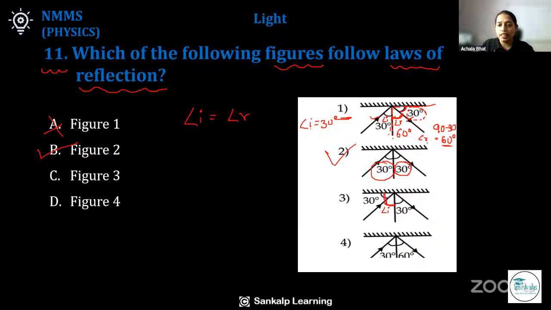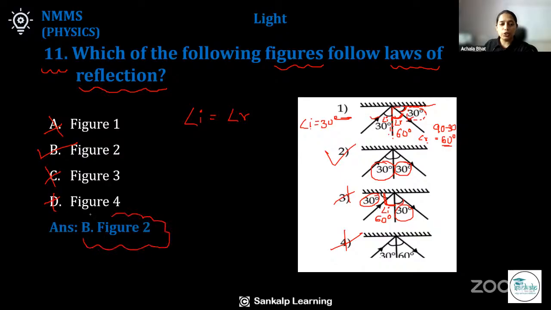In 90 degree, you have to subtract this 30 degree, so remaining will be 60 degree. The angle of incidence is 60 degree and angle of reflection is 30 degree. Figure 3 is wrong. Figure 4: here 30 degree, 60 degree. Wrong. Therefore, the correct option is option B, figure 2.